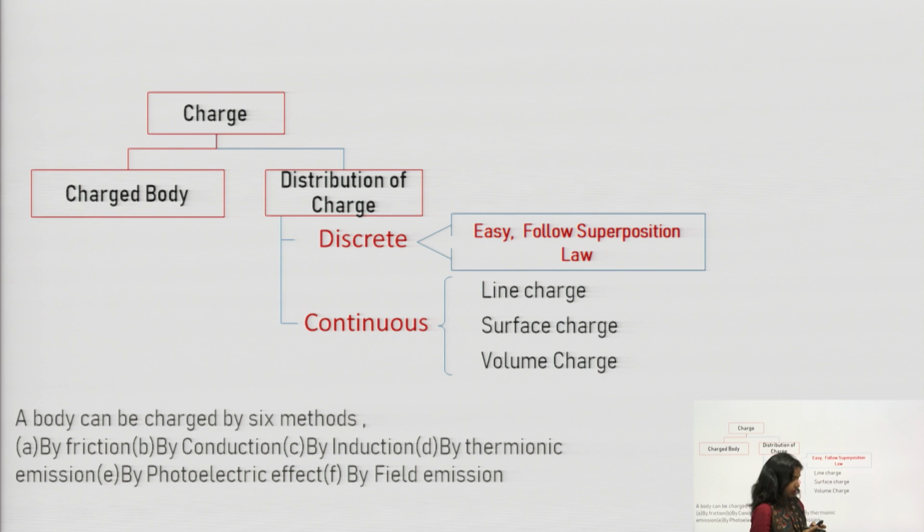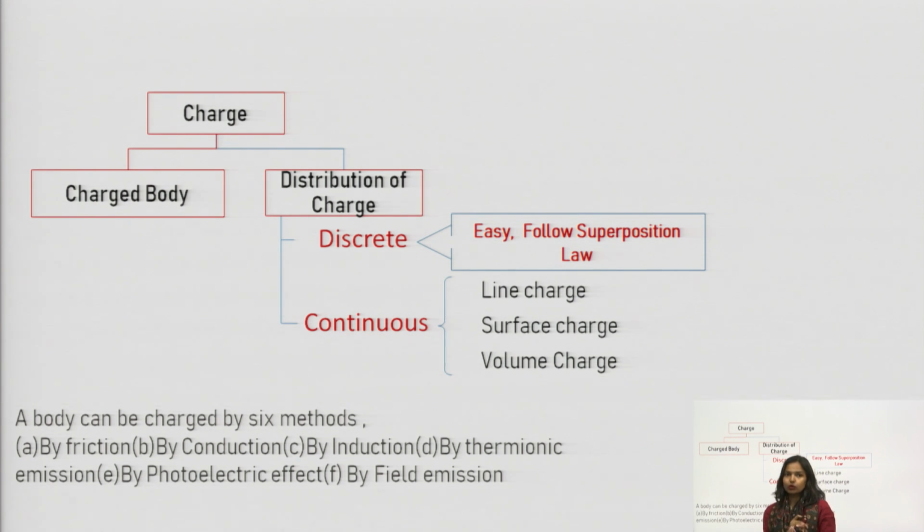Now a few more things we need to study about charge: how to get a charged body. There are basically 6 methods to get a charged body, the first is by friction. If we rub two conductors, then due to friction some charge of one body will transfer into the other, and in this way we will get a charged body.